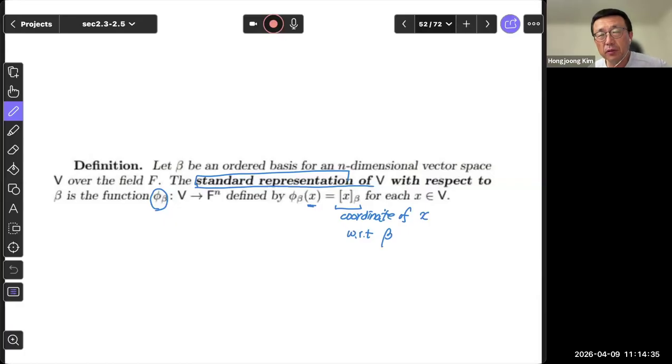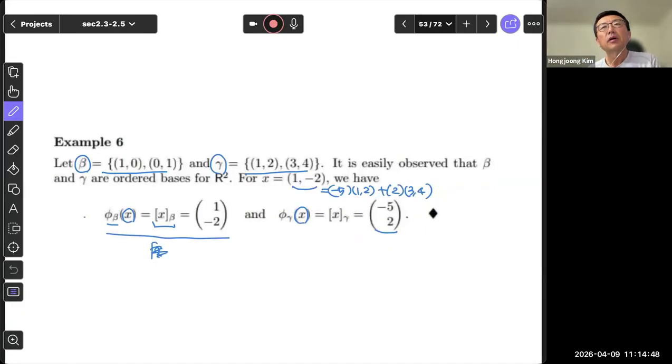The standard representation phi sub beta maps any vector to its coordinate. Phi sub beta is trivial, so let me consider phi sub gamma. Then x is mapped to (-5, 2).